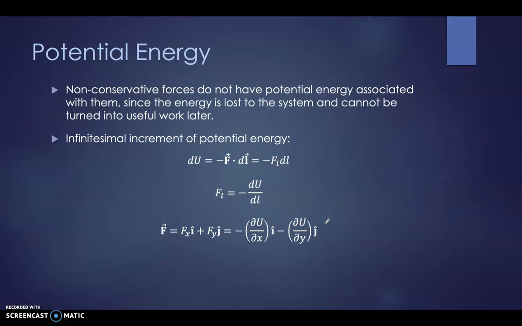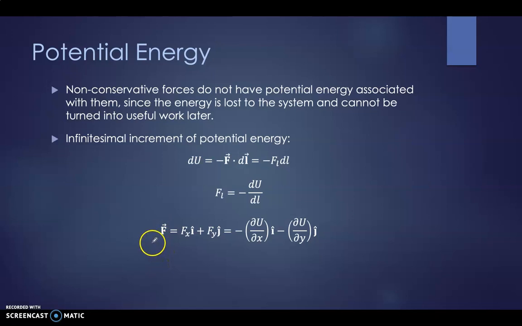The infinitesimal increment of potential energy is then dU equals negative F dot dL, where dL is going to be the distance. That equals negative F sub L dL, or we can say F sub L is equal to negative the derivative of potential energy with respect to L.